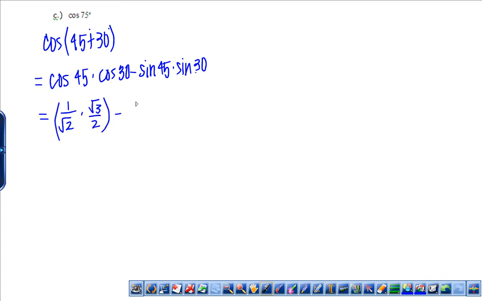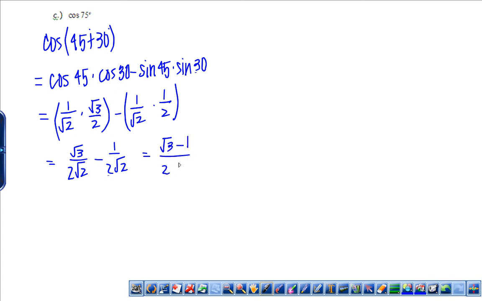Minus sine of 45 is 1 over root 2 times sine of 30 gives me 1/2. Multiplying gives me root 3 over 2 root 2 minus 1 over 2 root 2. Again, you should have a common denominator. If you don't, you've messed up somewhere. Okay, this is root 3 minus 1 over 2 root 2.